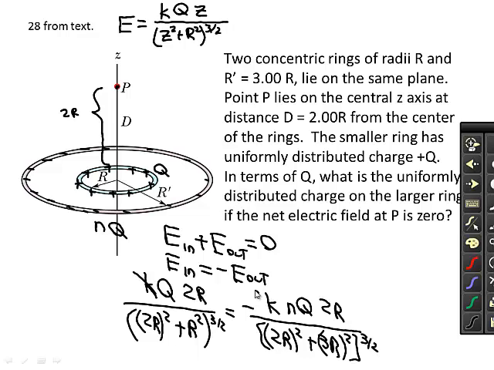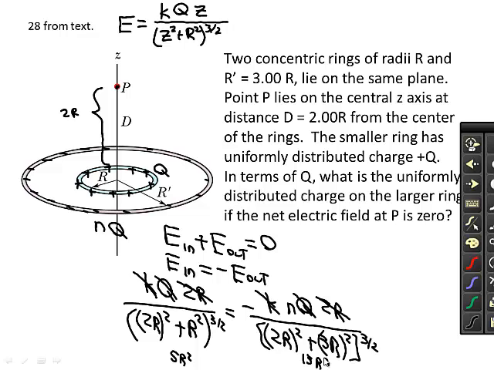The K's cancel out, the Q's cancel out, the two R's on top cancel out, and down at the bottom, 2R squared is 4R squared. 4R squared plus R squared is 5R squared. So that what's in that parentheses becomes 5R squared. Down here, I've got 2R squared, which again is 4R squared, plus 9R squared, 13R squared.